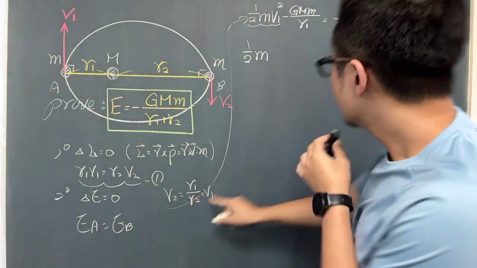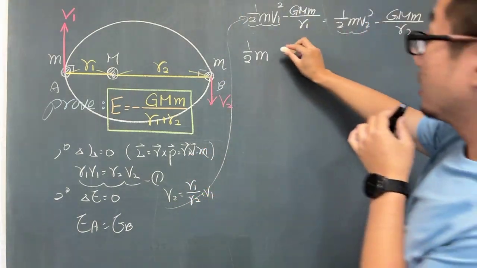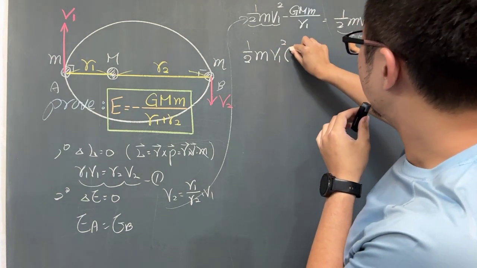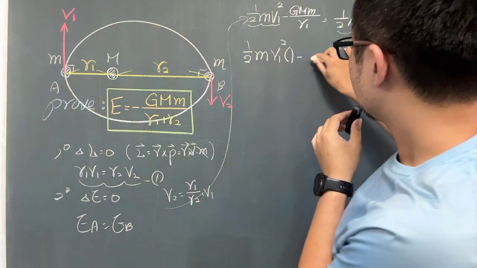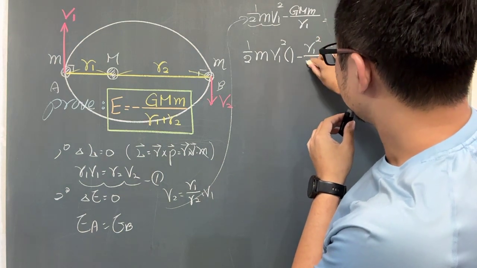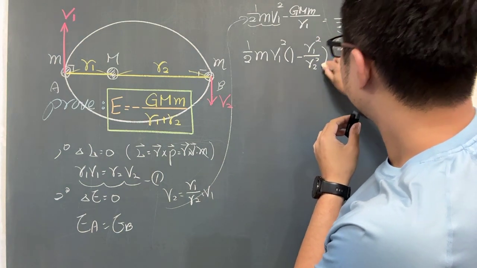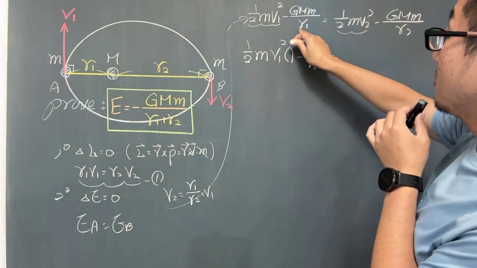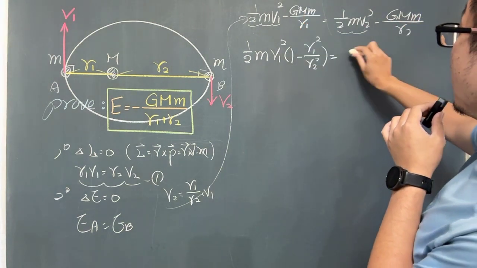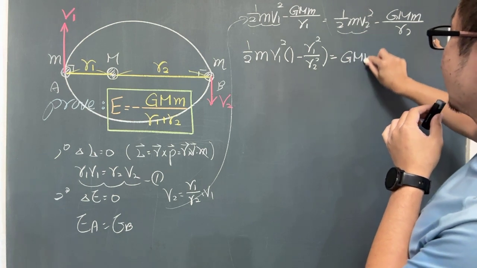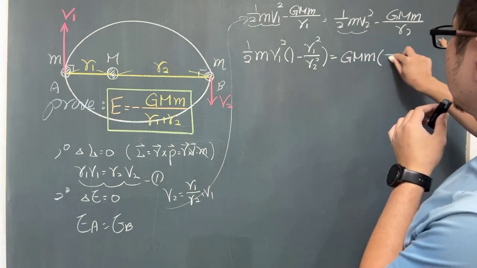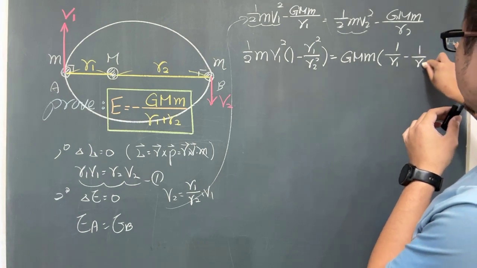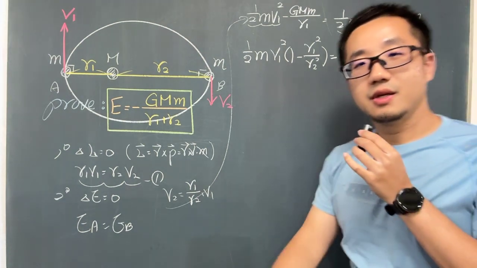So plug that into v2 squared, and I can quickly write it down as v1 squared times 1 minus r1 squared divided by r2 squared is equal to, let's move this G times mass divided by r1 term to the left hand side, G times mass times 1 over r1 minus 1 over r2.